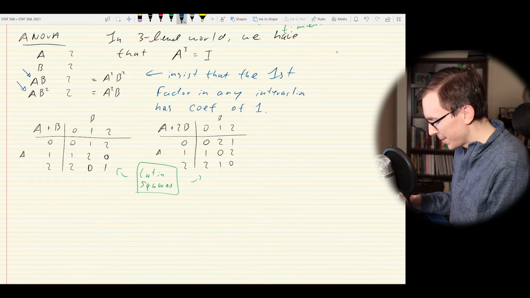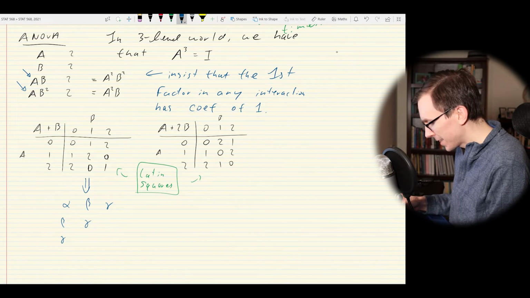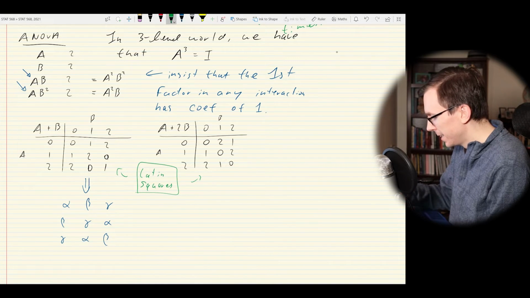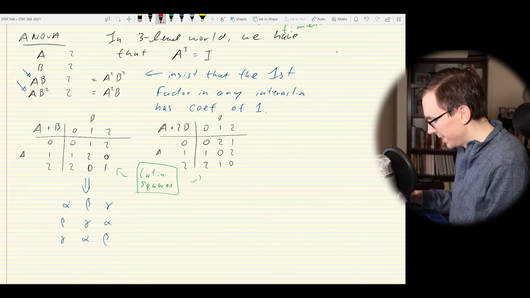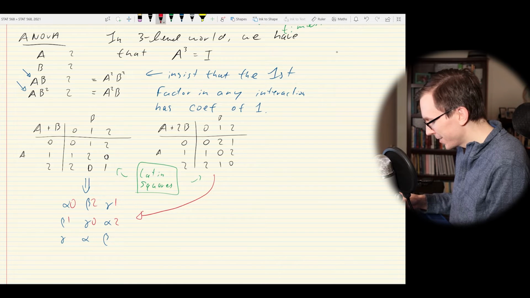So we have alpha, beta, gamma on the diagonal, and for 0 here, we'll have alpha, alpha, and beta. And then for the other, we'll do red because it's more contrasting. We'll go this way: 0, 2, 1, 1, 0, 2, 2, 1, 0.